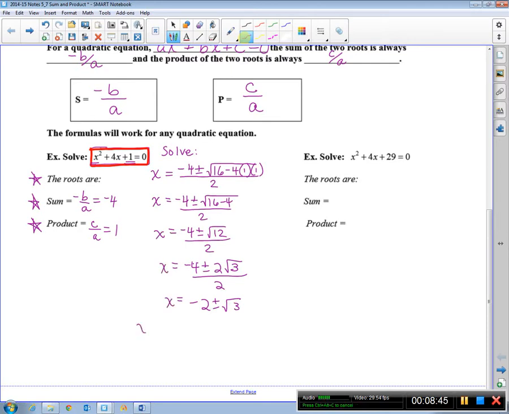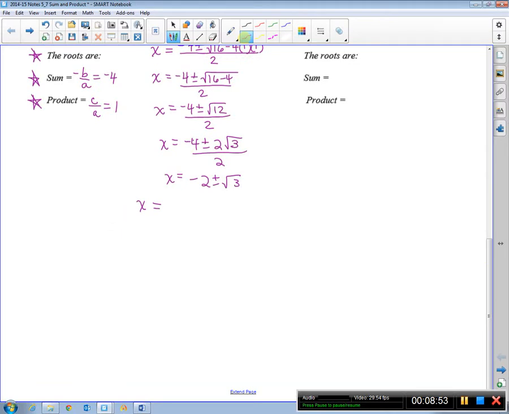So our roots are -2 plus the square root of 3 and -2 minus the square root of 3. There they are.